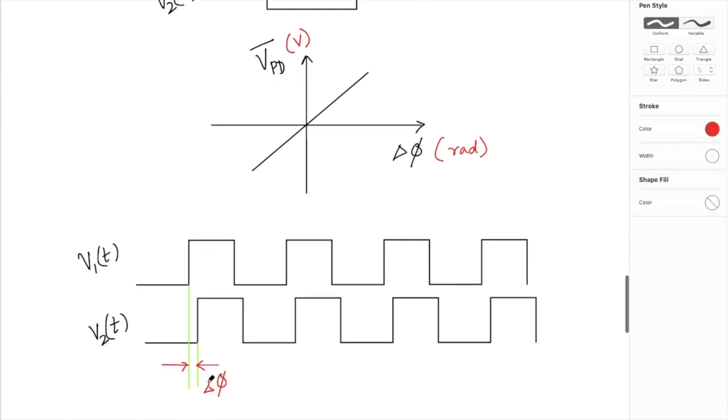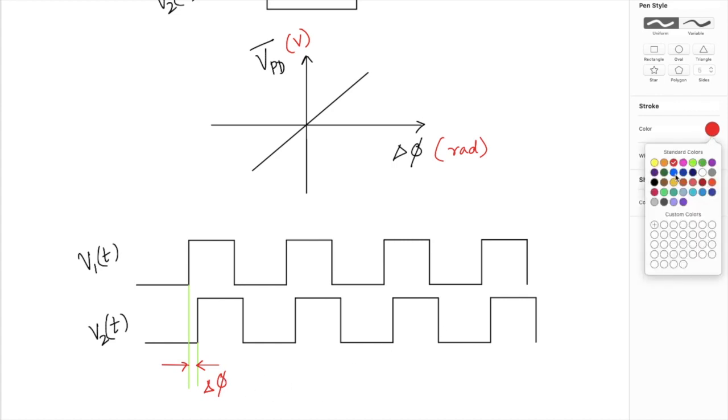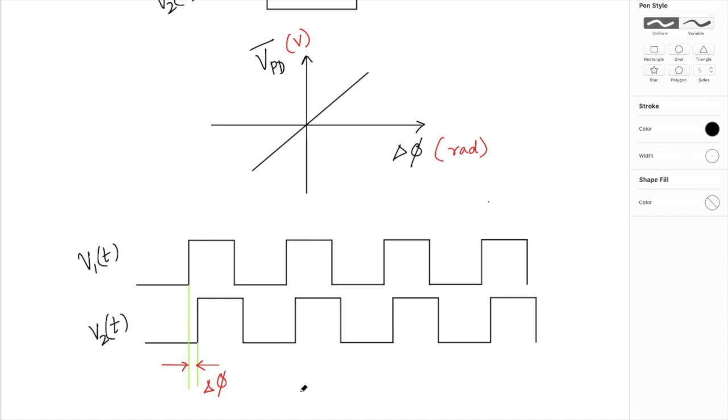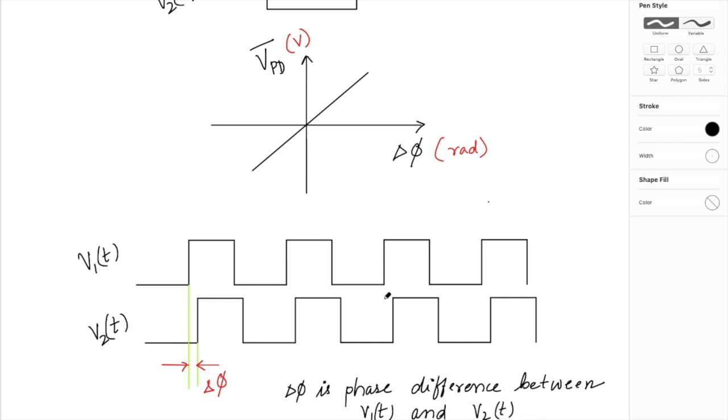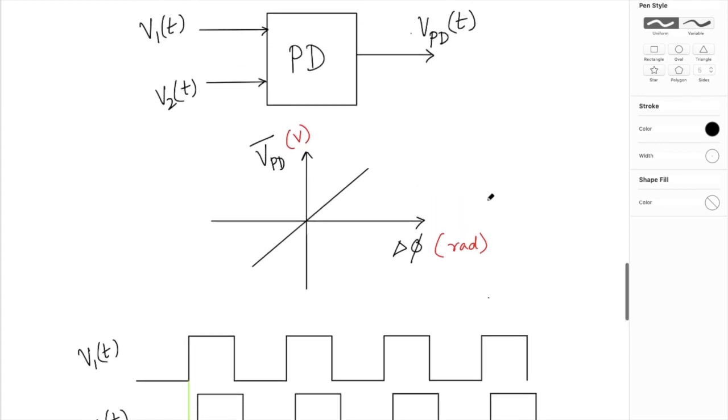So this is the delta phi. Delta phi is the phase difference between V1(t) and V2(t).